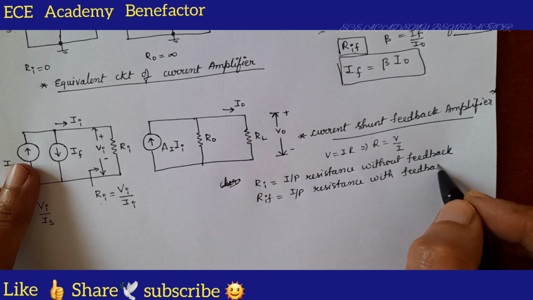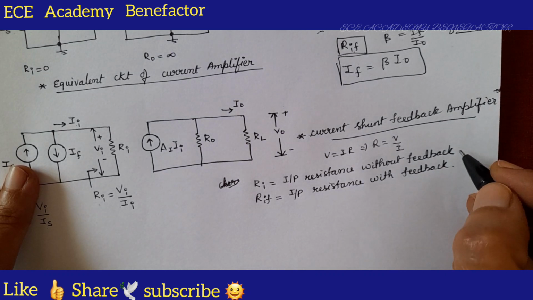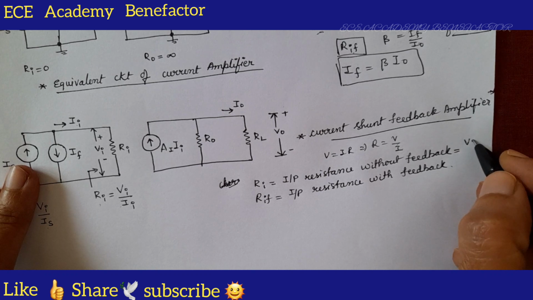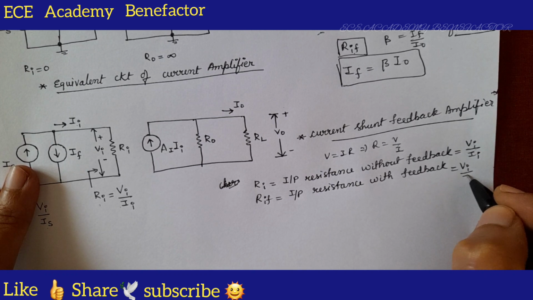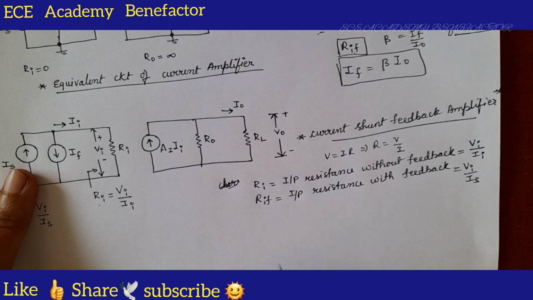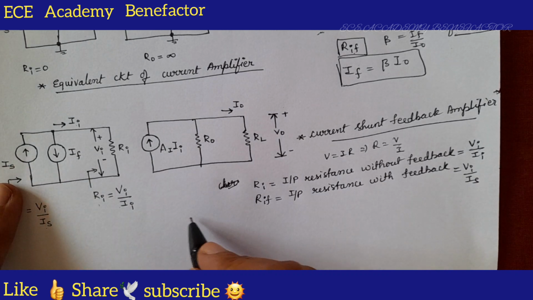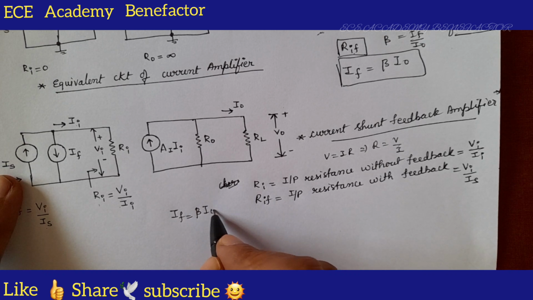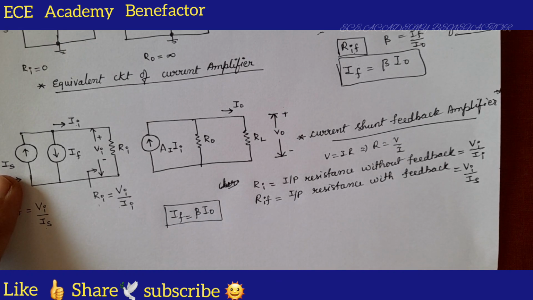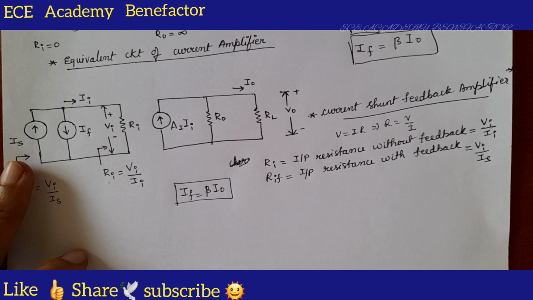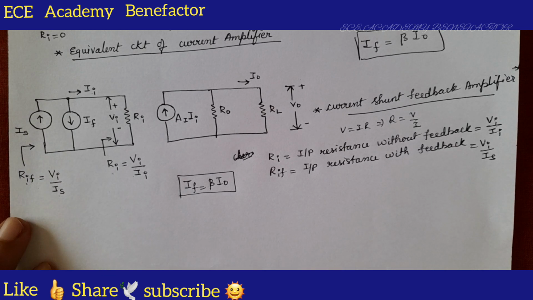We have to do the derivation of RIF now. The equation for Ri is Vi by II and this definition is Vi by IS. And what is IF here, the feedback current? Beta times I naught. A part of the output current is fed back. So these are the basic definitions you should know before the derivation.